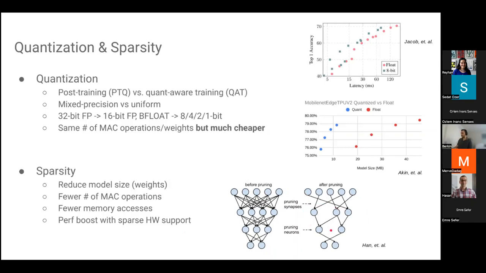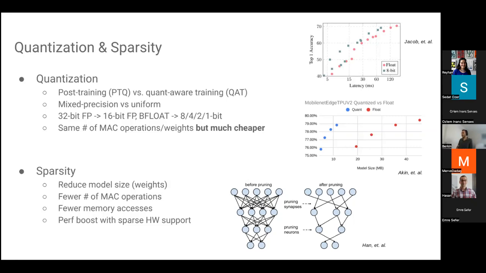We can also drop some of the neurons from the layers as well. So this basically reduces the number of MAC operations and the number of parameters in the network. We will have fewer memory accesses, fewer operations to do. Overall, a reduction in the cost of the neural network.